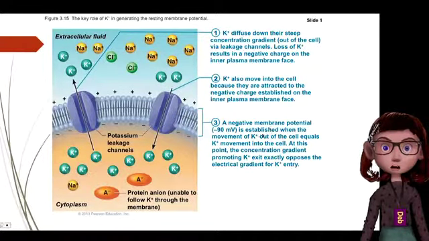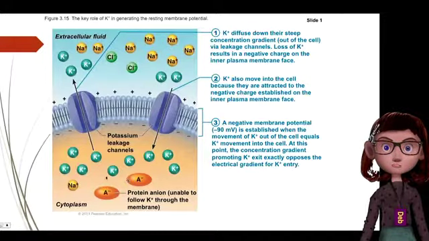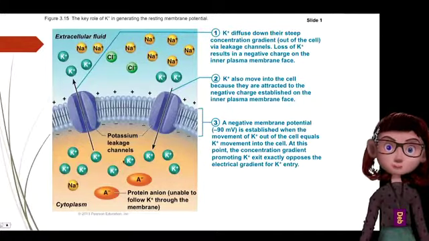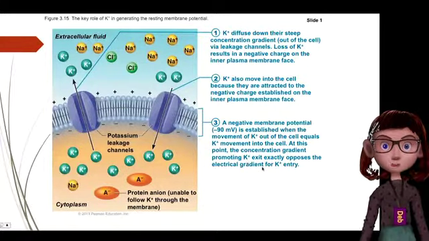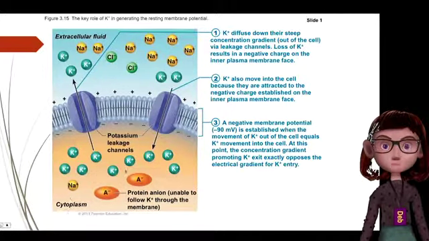A negative membrane potential of minus 90 millivolts is established when the movement of potassium going out of the cell equals the potassium movement into the cell. At this point, the concentration gradient promoting potassium exit exactly opposes the electrical gradient for potassium entry.